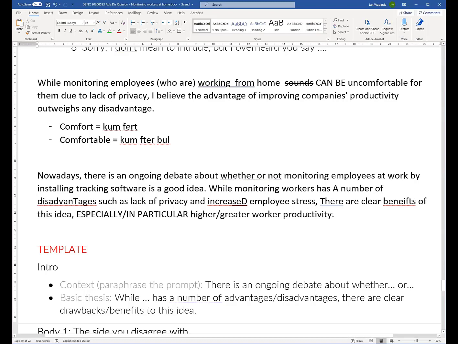Okay, I have a question. When we wrote such as, we need to put article, a lack of privacy, or when we do example like or such, no need? In this case, both are fine. You could put such as a lack of privacy or such as lack of privacy. Okay.